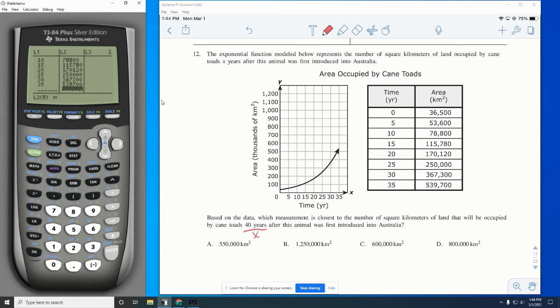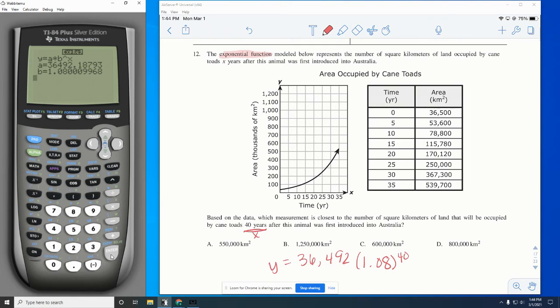From here, remember it told us up at the top, it's an exponential function. So I'm going to click Stat, scroll to Calc, option 0 for exponential, and get my equation. So my equation's going to be about 36,492 times 1.08.